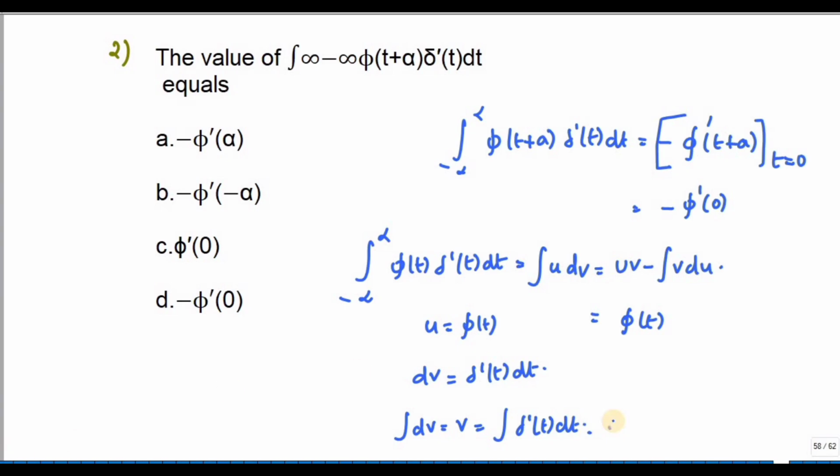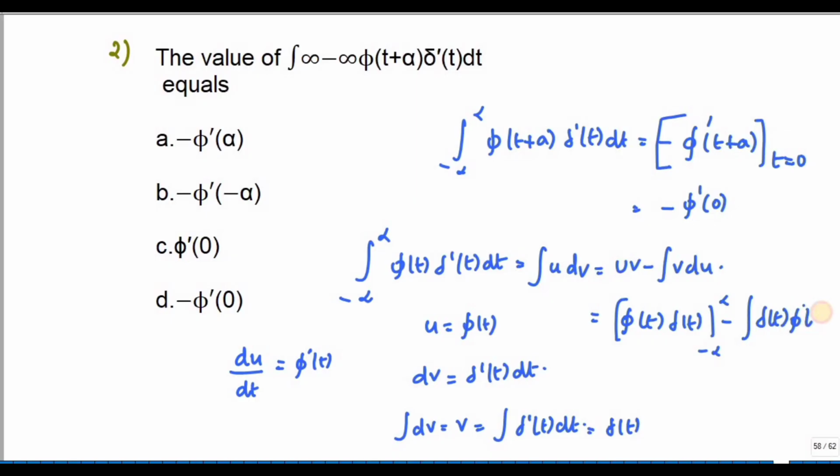So you substitute that. The integral of delta dash of t dt is delta t, and you have to substitute the limits. So we get the answer as 0 minus the integral of v, which is delta t, times du, which is theta dash t dt, right?